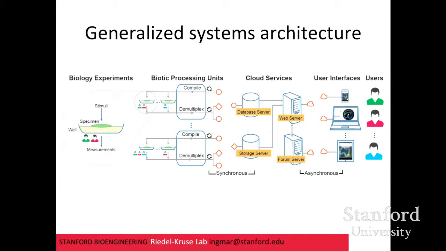And this has the advantage that if you have setups that run many experiments in parallel or run high throughput, you can really distribute multiple people's work over multiple setups, right?